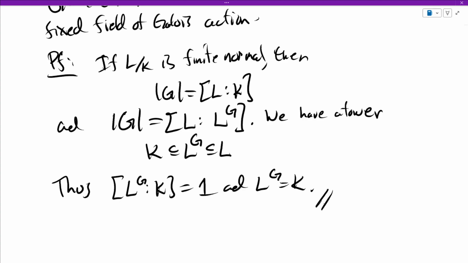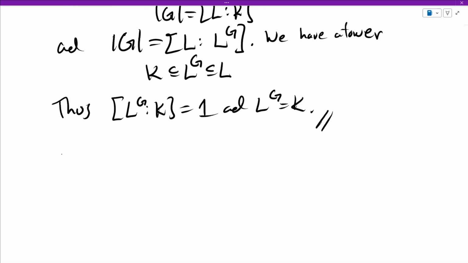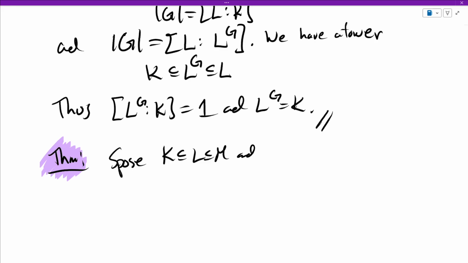Wow, wonderful theorem. Let's do another theorem. These are going fast because we spent all that time on the proof of the last theorem. So suppose K is contained in L is contained in M, and M over K is finite.